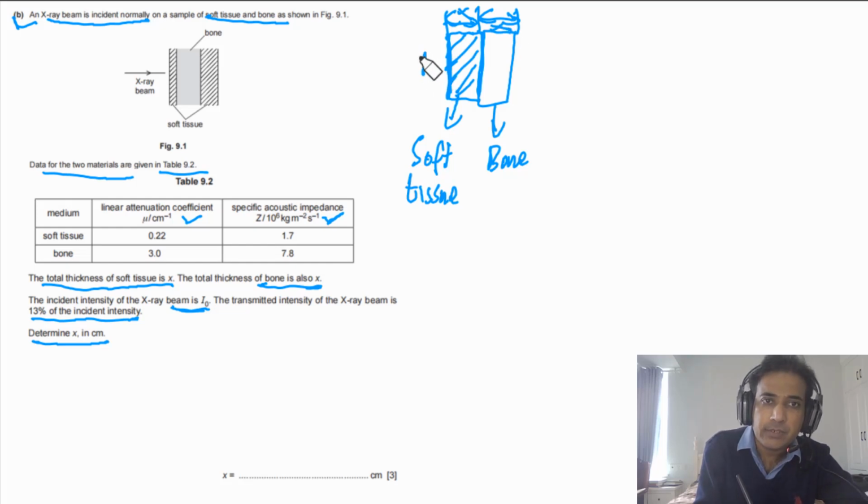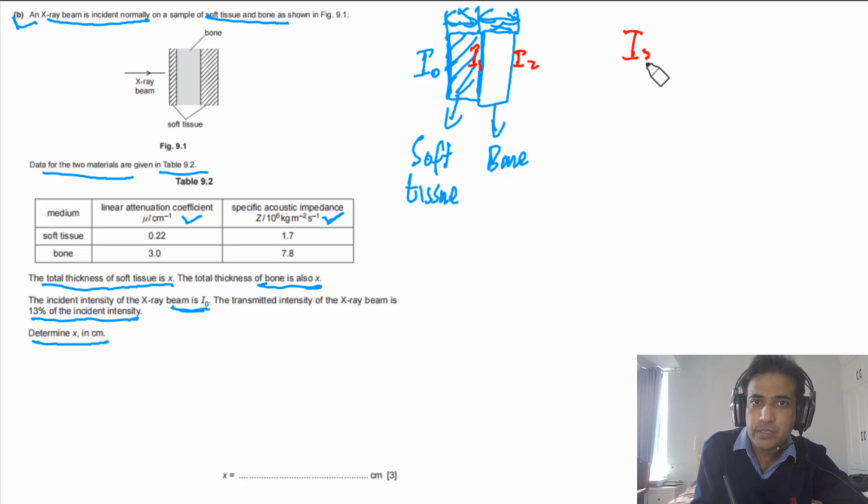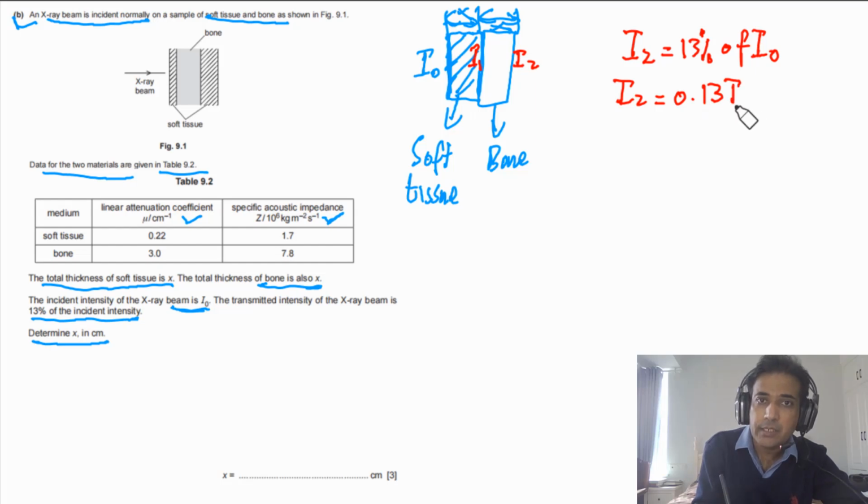Here we have intensity, this is I naught. At this point, let's say the intensity becomes I1 and here the intensity is I2. In the question it is given that I2 is equal to 13% of I naught. So it simply means that I2 is equal to 0.13 I naught, or 13 divided by 100 times I naught.